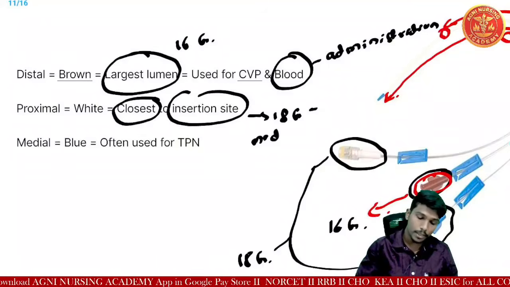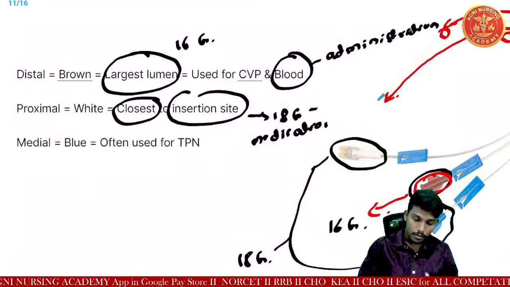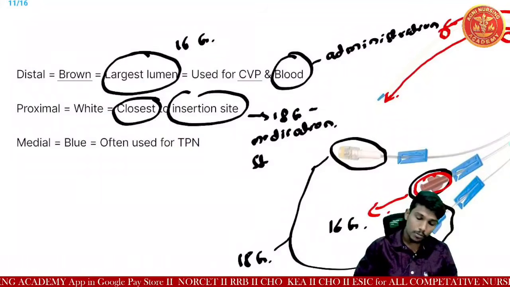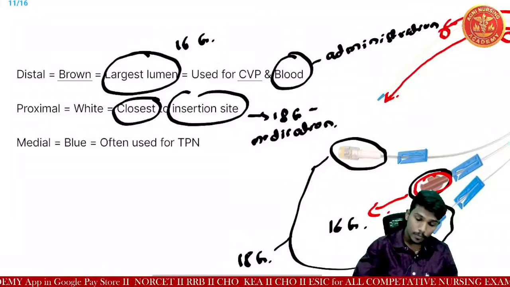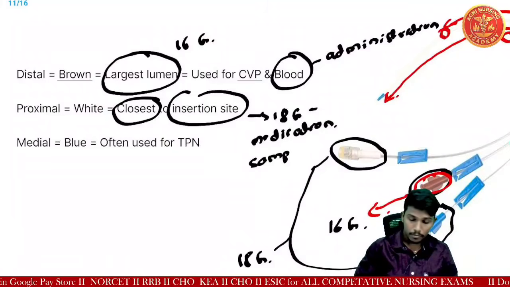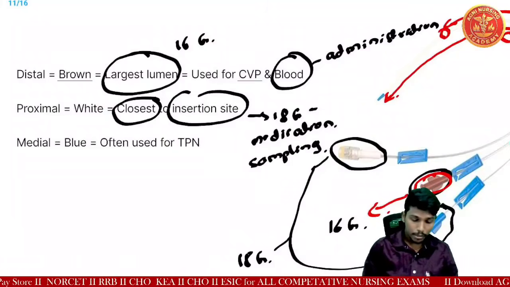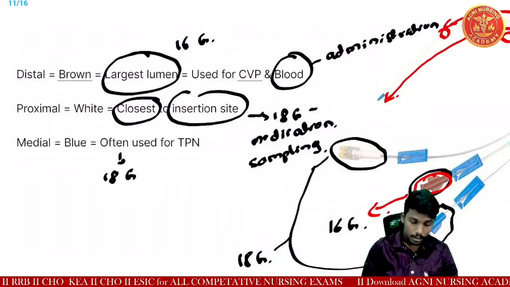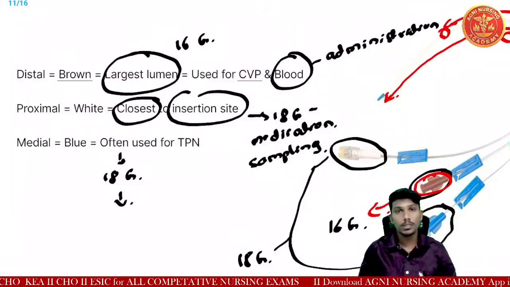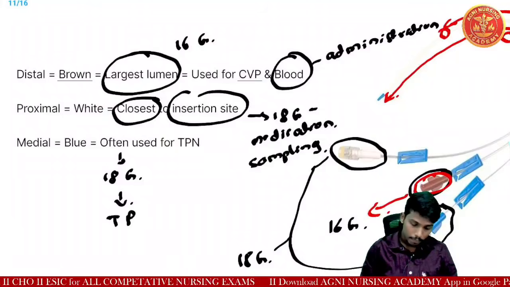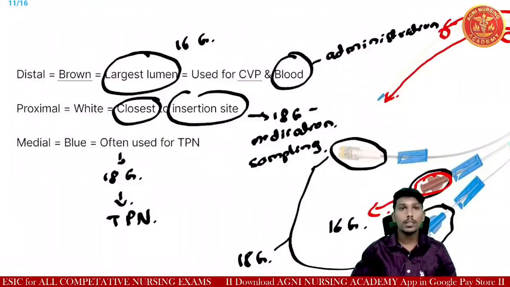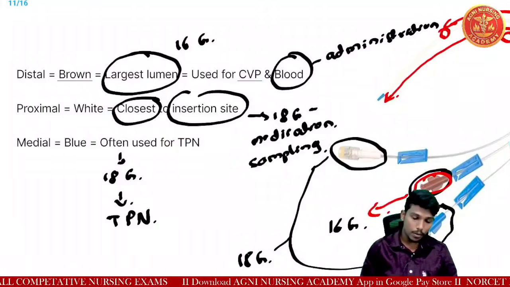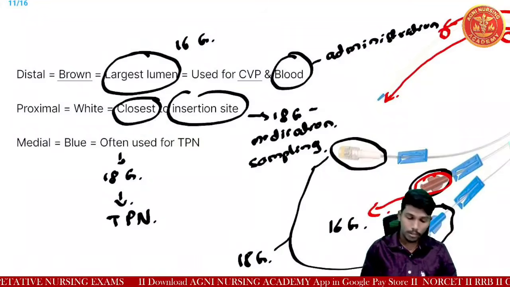Okay, regular medications, and for the sampling also. Okay, sampling. Then coming to the medial one, this is also 18 gauge, and you can use the hypertonic solutions like TPN. Okay, these are the points you can note down, or you can take a screenshot of this one.